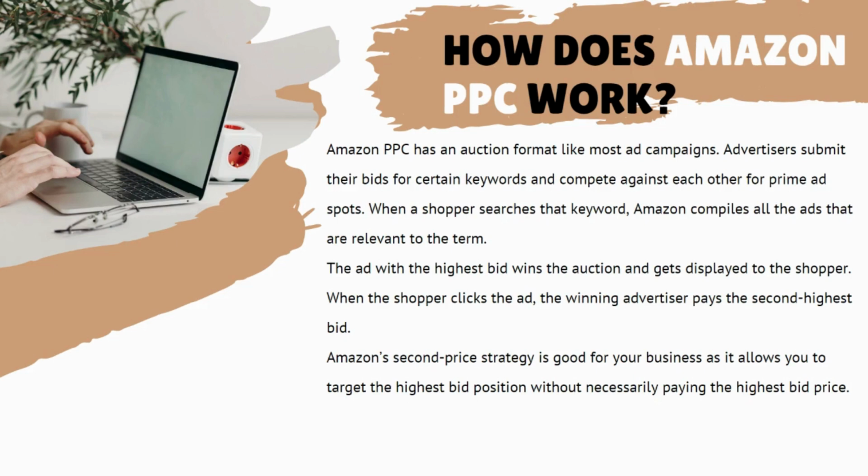The ad with the highest bid wins the auction and gets displayed to the shopper. When the shopper clicks the ad, the winning advertiser pays the second highest bid. Amazon's second price strategy is good for business as it allows you to target the highest bid position without necessarily paying the highest bid price.